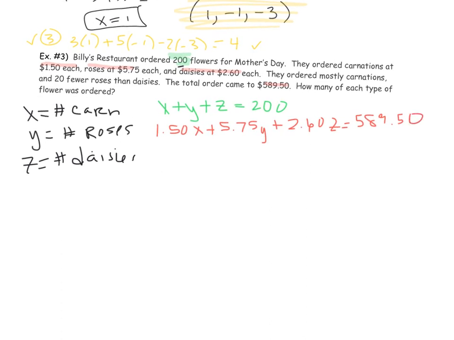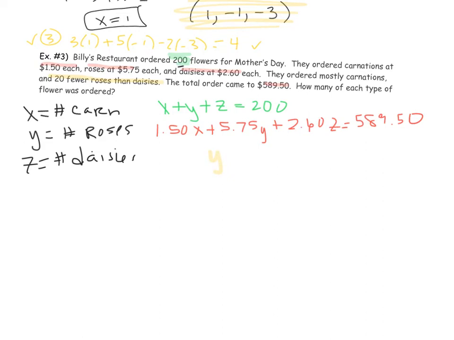Then our third equation is a comparison equation. Our third equation actually compares, we said they ordered mostly carnations, but 20 fewer roses than daisies. So we're comparing roses and daisies.